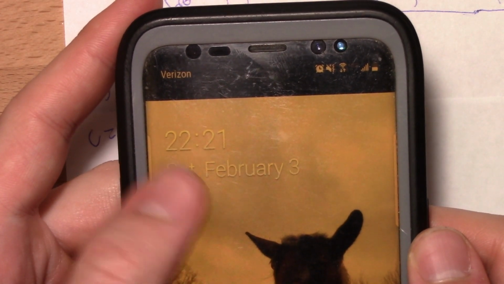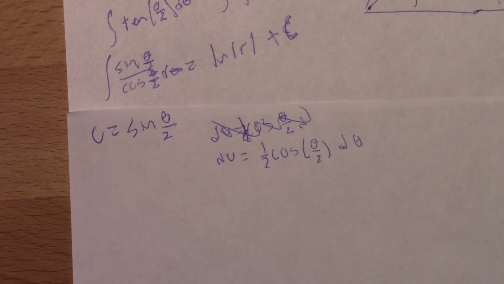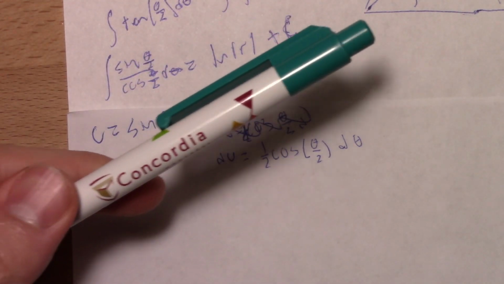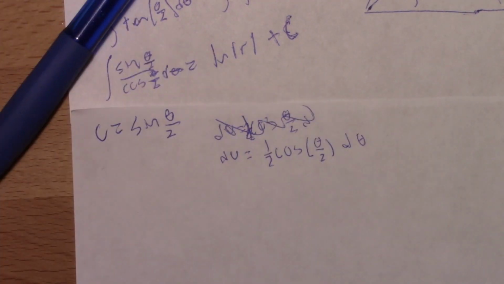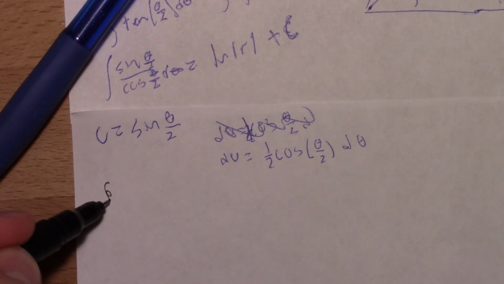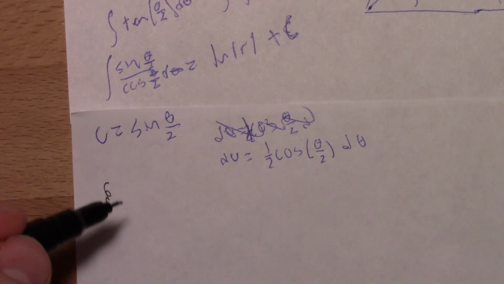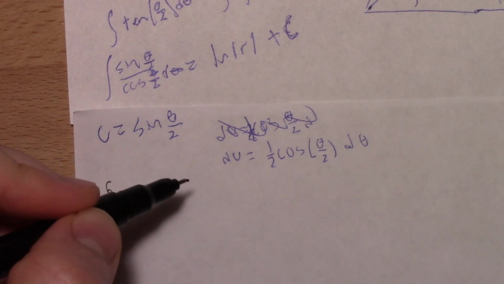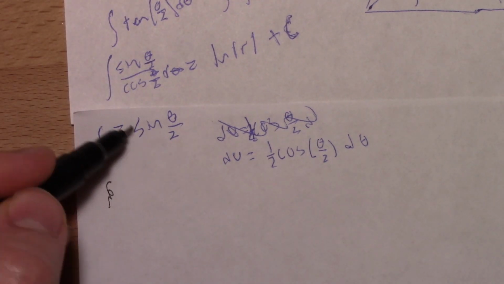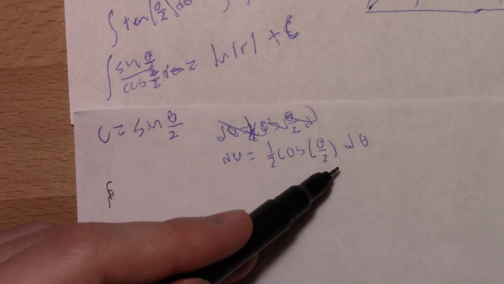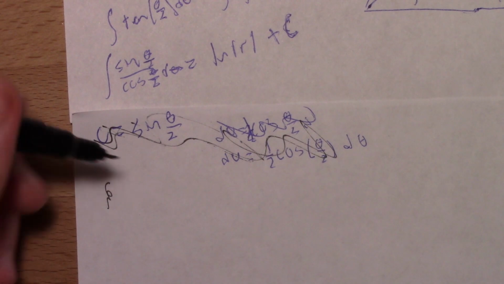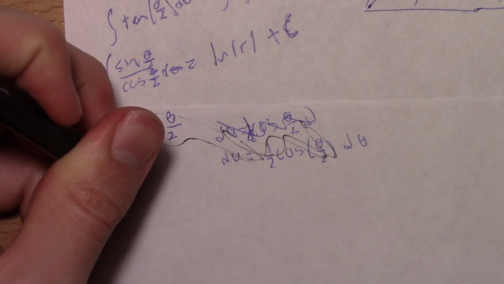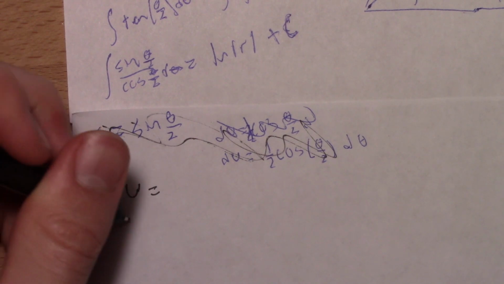Here, sine theta d theta is correct. Cosine theta d theta? No, there's no cosine theta d theta. This is not correct. That was the incorrect choice of u. Let's choose another u.